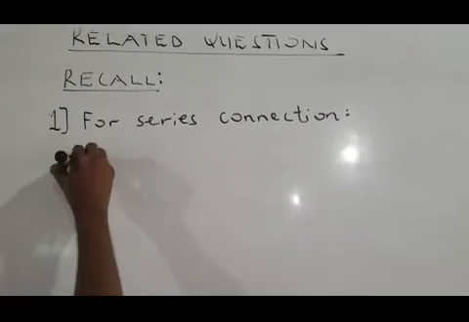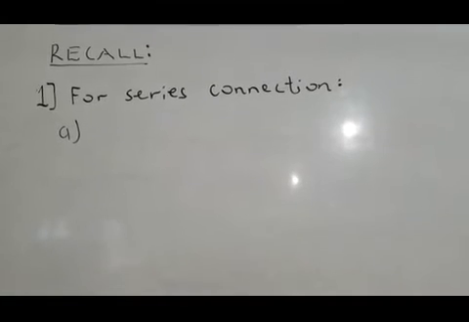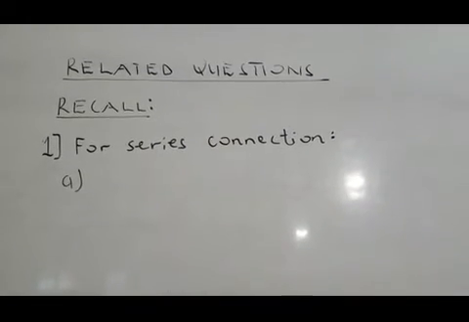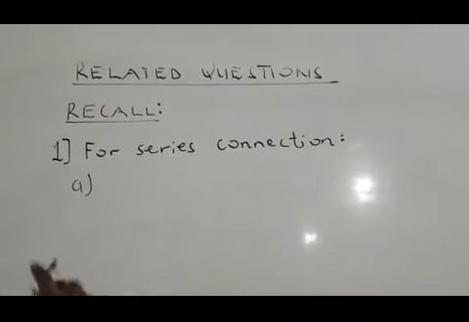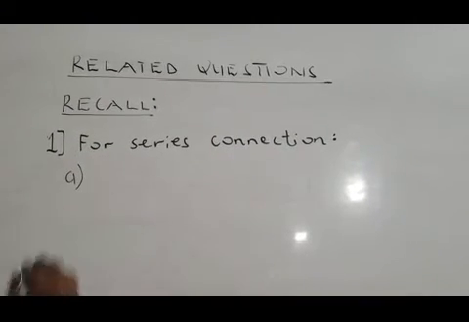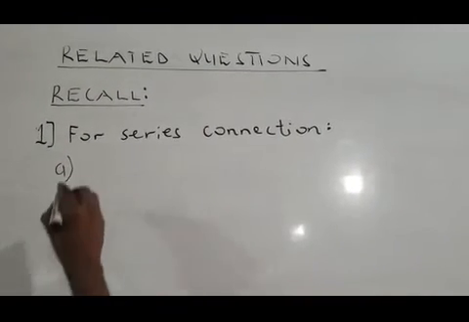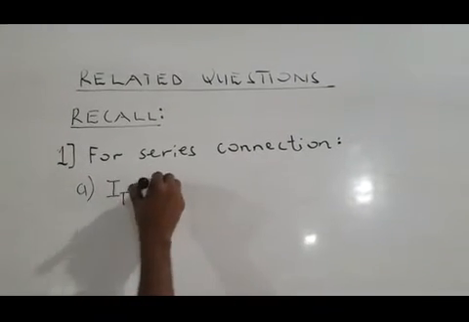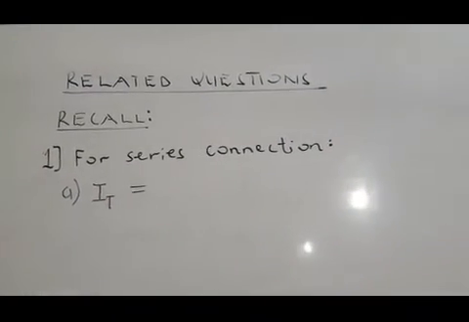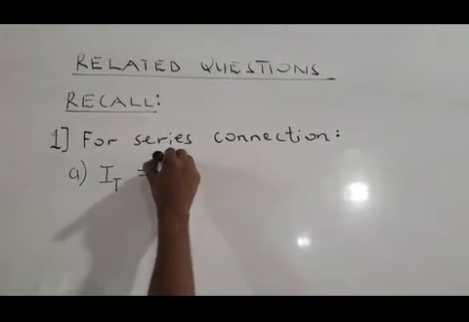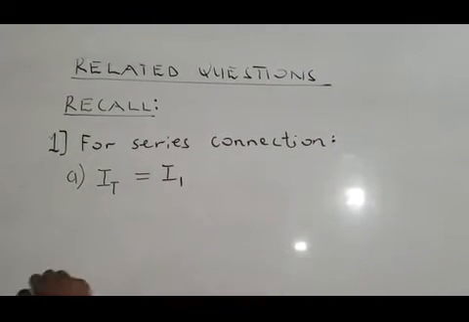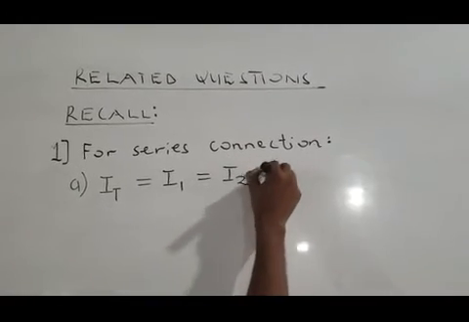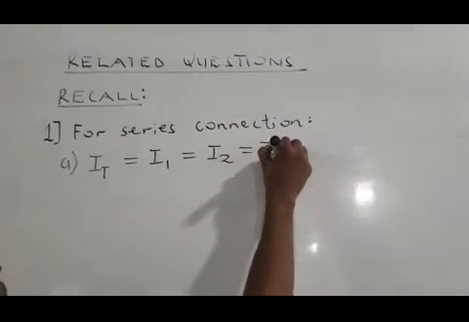The first one: if cells or resistors are connected in series, the total current is the same as the current flowing through each resistor. We say IT equals I1, equals I2, equals I3.